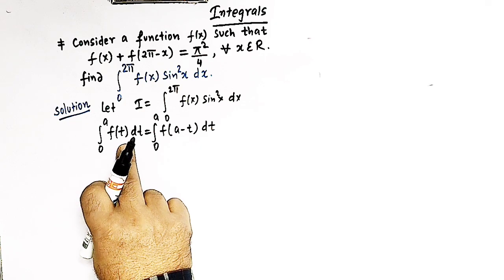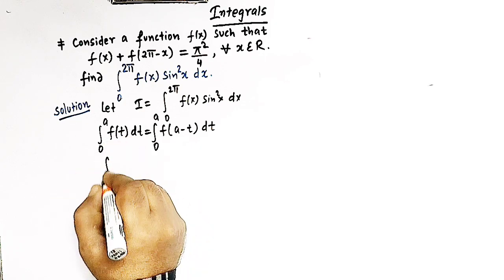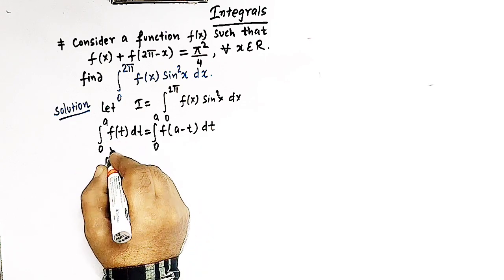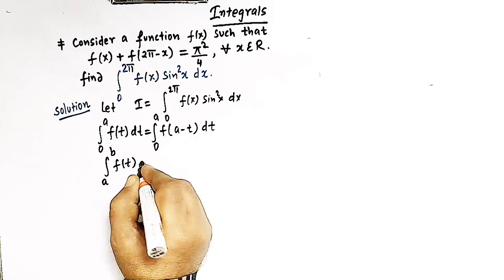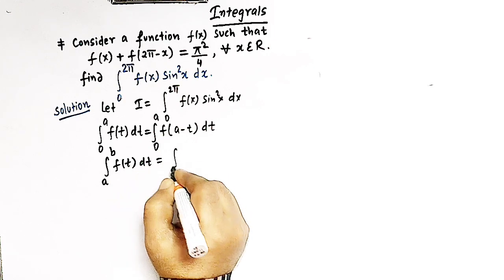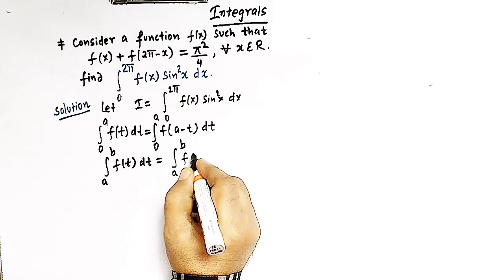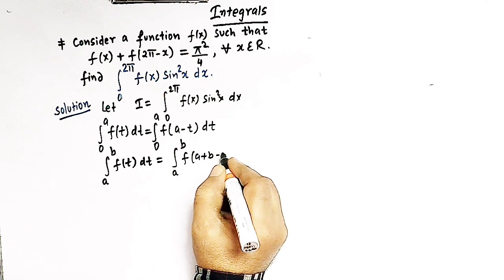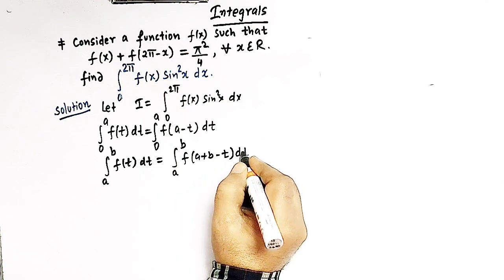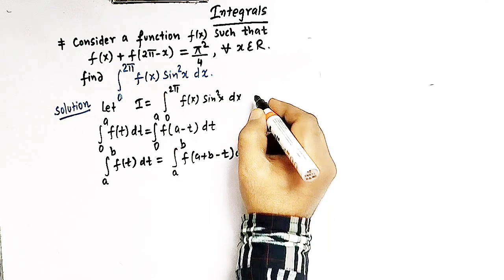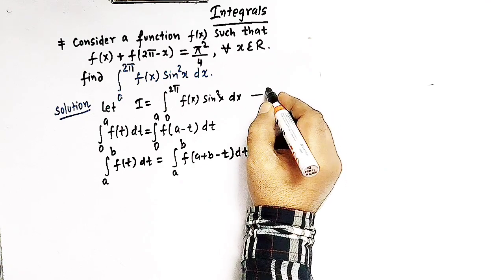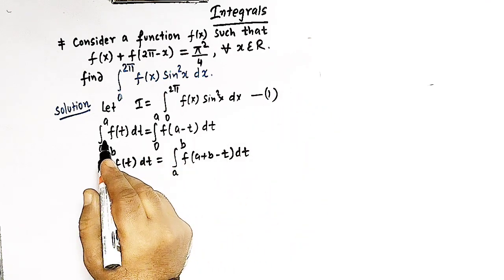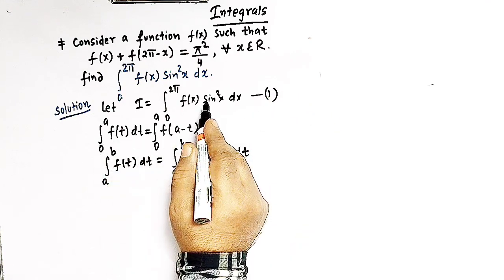Because this property is a particular case of this one, that is a to b f of t dt is equal to a to b f of a plus b minus t dt, right? So let us call this integral number 1, and let us apply this property to this one.